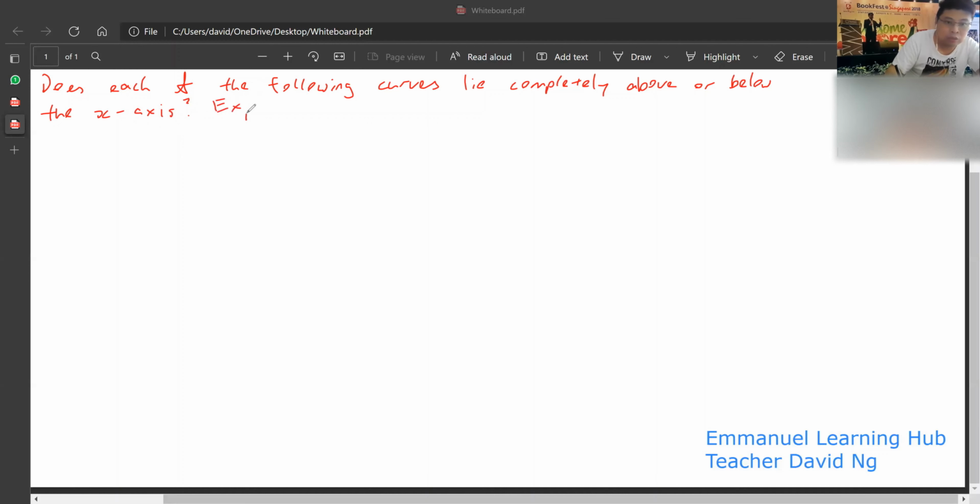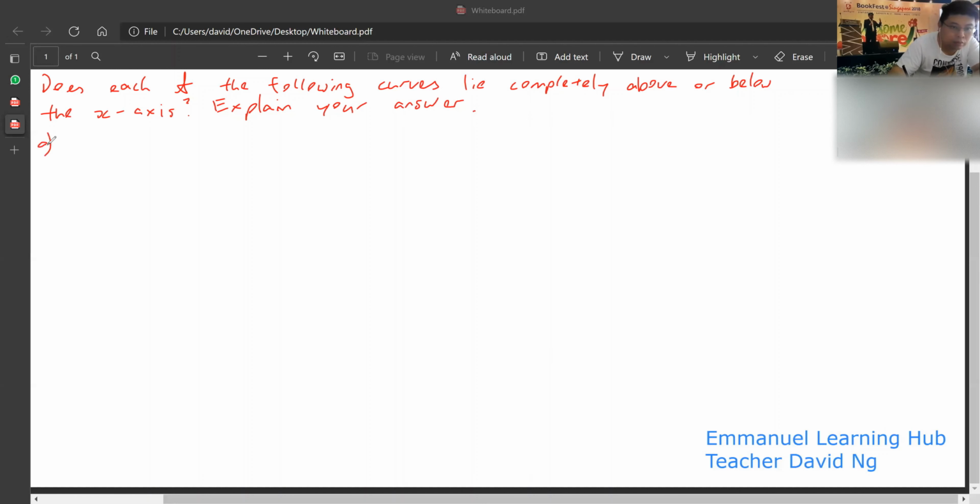Does each of the following curves lie completely above or below the x-axis?